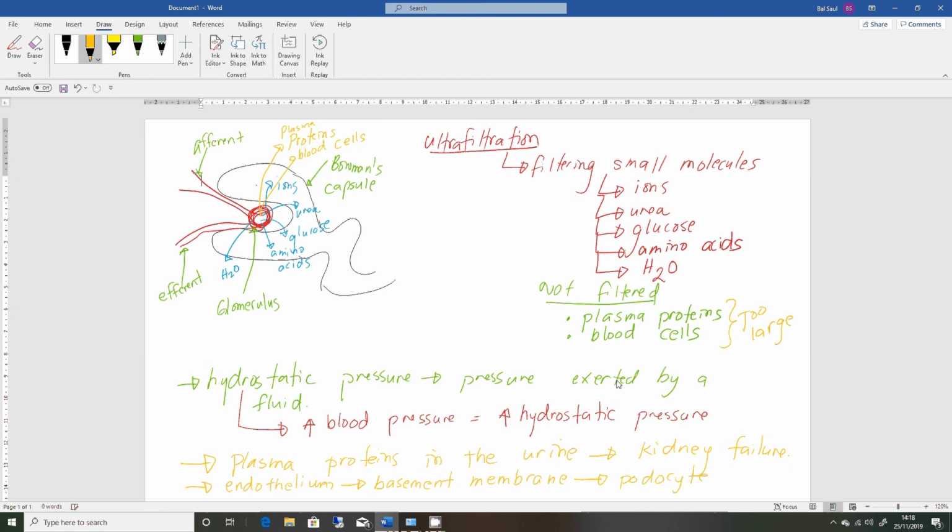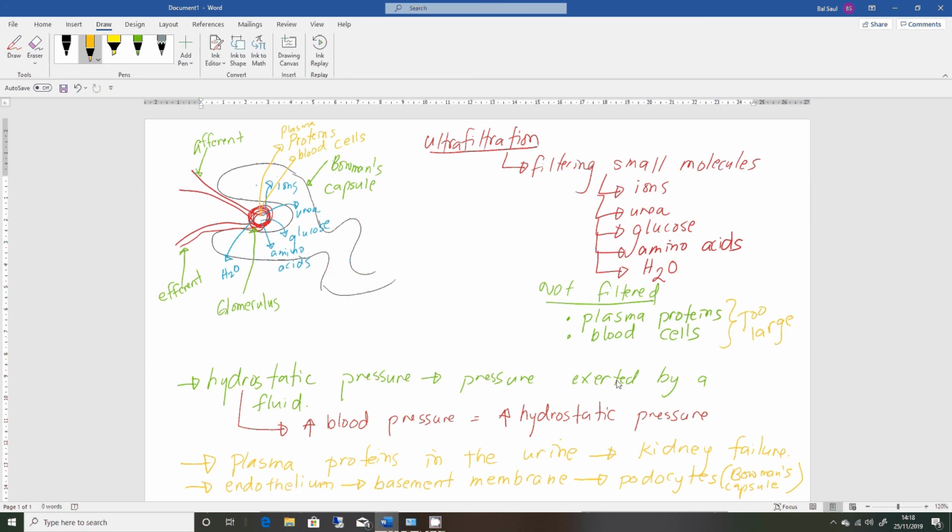If you look at the file that I sent you, the podocytes are basically found in the Bowman's capsule. These are the special cells found in this area here that will allow the filtrate to pass through.